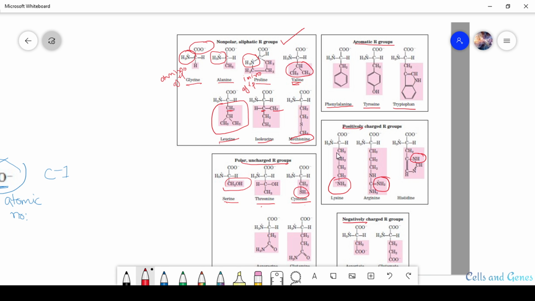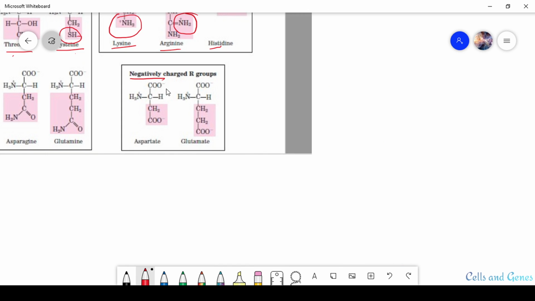The amino acids with positively charged side chains are lysine, arginine and histidine. Those amino acids with negatively charged R groups are aspartate and glutamate. They have a carboxylic group here, so they have a negatively charged R group, only aspartate and glutamate.